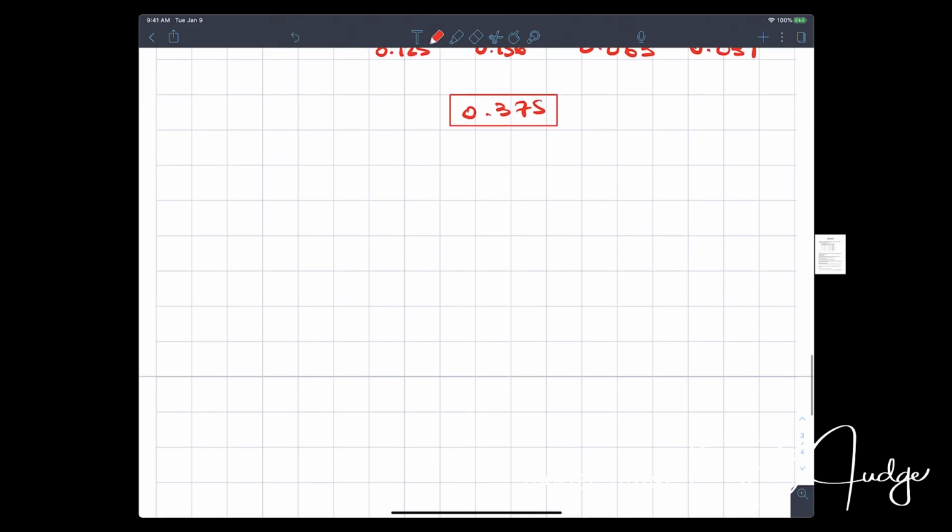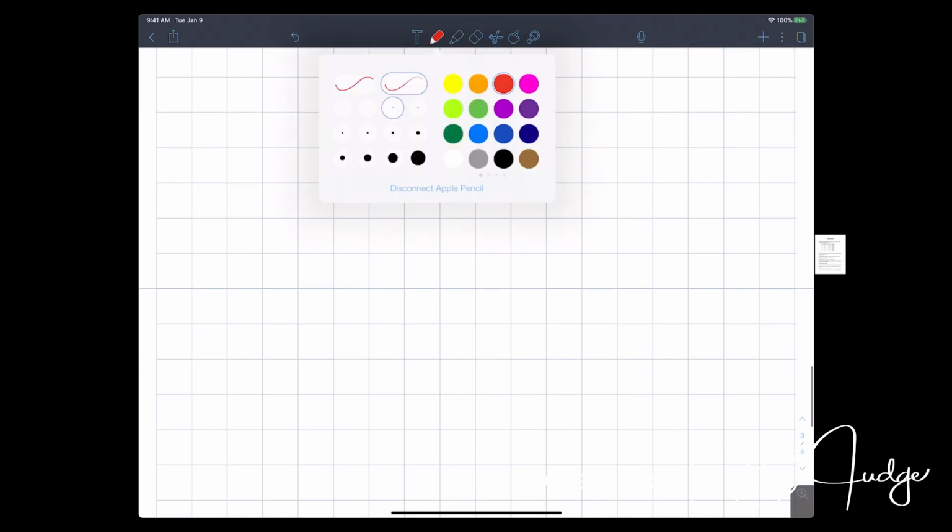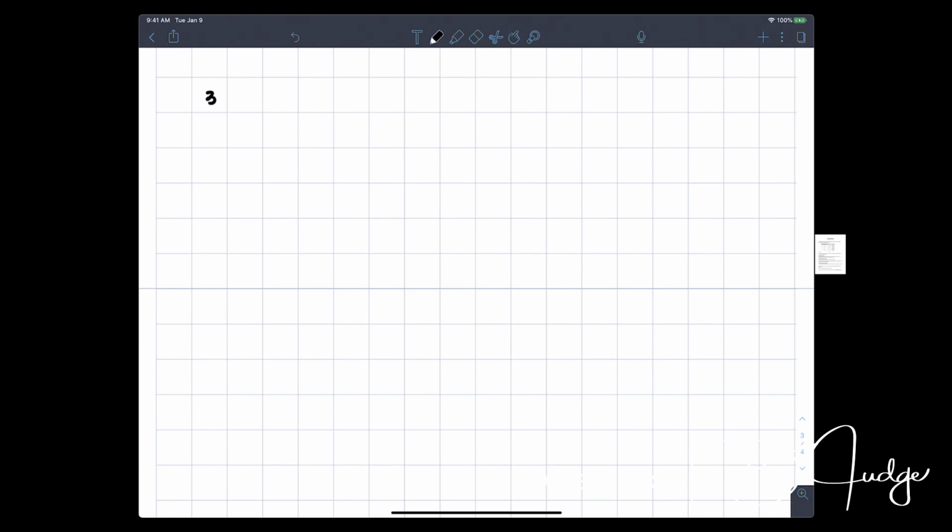Now, let me go to the next phrase here. What's the probability of having no more than 1 child? So we need to know the chance of having no more than 1 child.